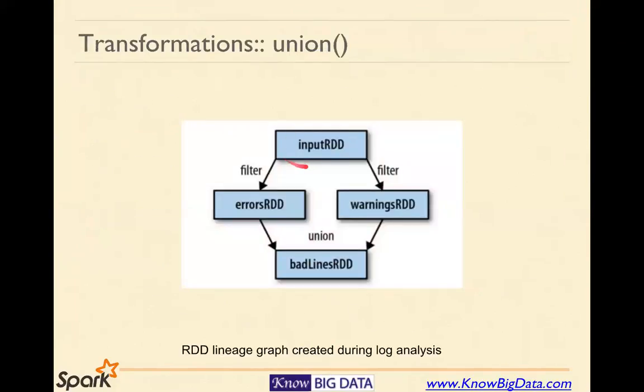Let's say the input RDD is the data loaded from the logs. Each record is a line from the logs of your web server. So you did filter. You said remove the lines which are not an error, or keep only the lines which are errors. Similarly, for warnings, you only kept warnings. And then when you union them, it's basically concatenating.